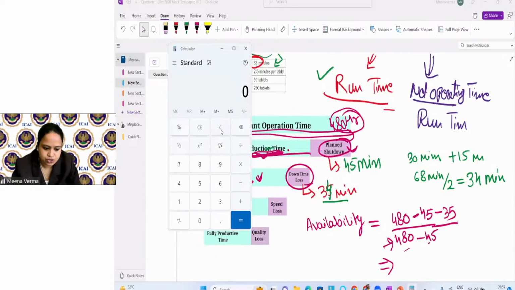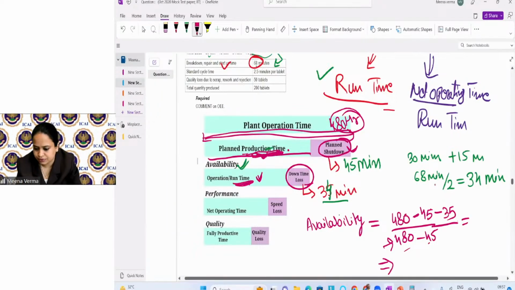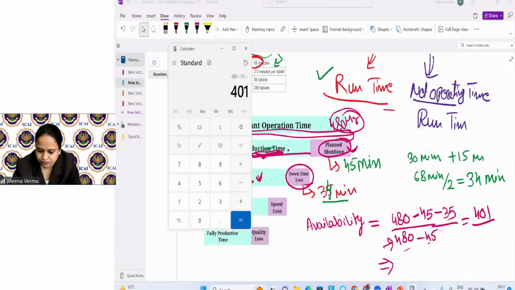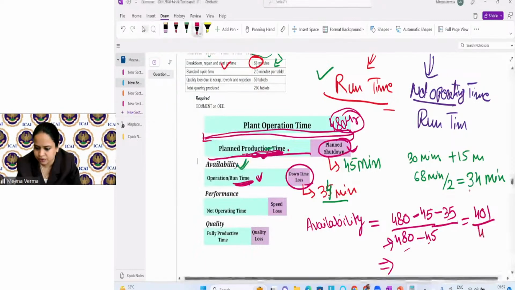79. So 480 minus 79 will be 401, divided by 480 minus 45. This will give you 435.